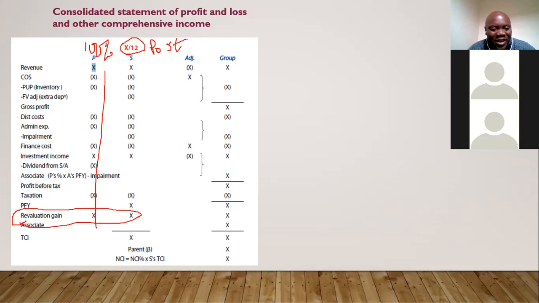But all these other elements, we need to prorate them. We'll also make adjustments on the intra issues that we have looked at already. We'll pick them as is, and divide them based on the month in which the acquisition was done.